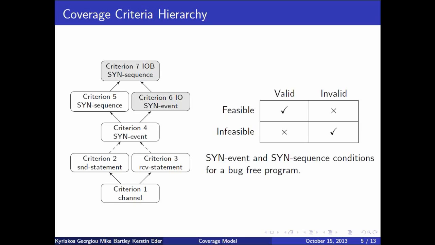We are omitting the last 2 criteria in our case study because we are dealing with a synchronous blocking message passing model, where we don't care which event was reached first. And what we are targeting, as the conditions for having a bug-free program for seen events and seen sequences, is for all valid seen events and seen sequences to be feasible, and for all invalid seen events and seen sequences to be infeasible in our code. So we are testing again feasible seen events and seen sequences.